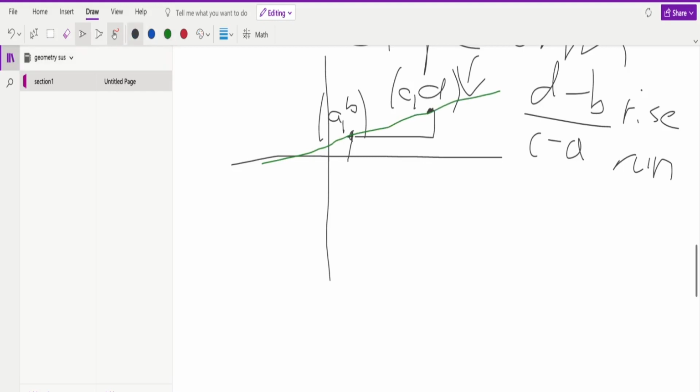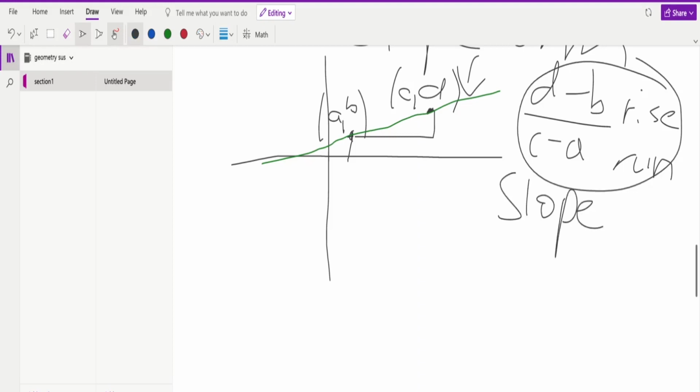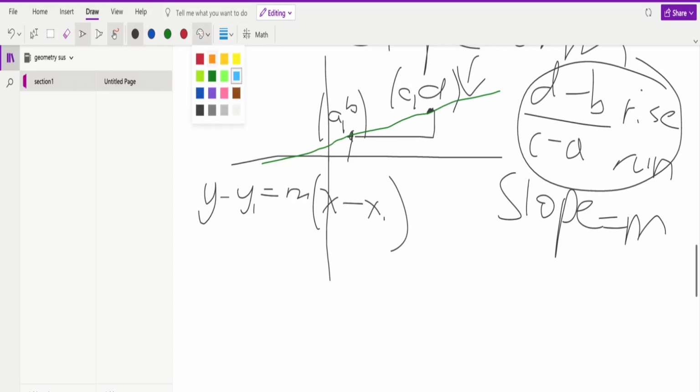So we want to find the equation of this line, and we know we're going to set the rise over run or slope as m. Okay, so now we want to know the equation of the line. Well, the equation is y minus y1 equals m times, in parentheses, x minus x1. Now, m refers to the slope. So here, m is the slope.